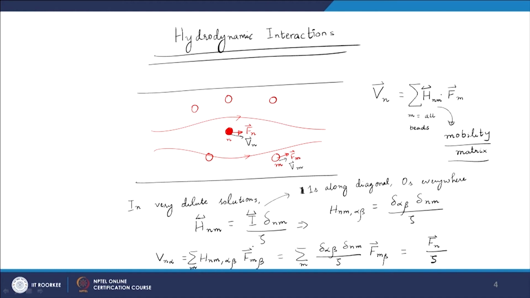Okay. Here we have not explicitly put a random force term, but the idea remains that if I really go to a very dilute limit, then the velocity of a bead is only affected by the forces acting on the bead. The bead will not see other beads. Of course, they will have a flow field around them, but that flow field will not affect it. Assume that there are only, say, 2 fishes in a very large pond, and if the fishes are far away, they are of course swimming there, they have certain flow field wherever they are swimming, but that flow field is not affecting the flow field of a fish here.